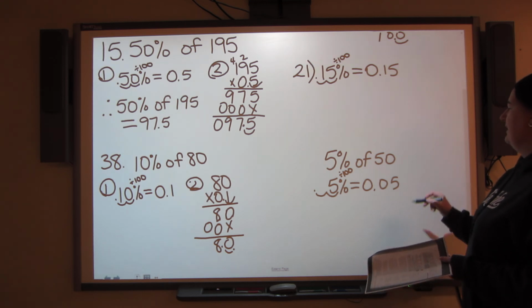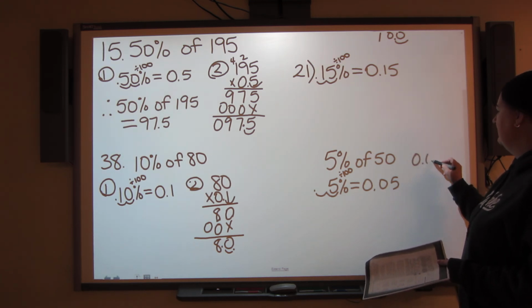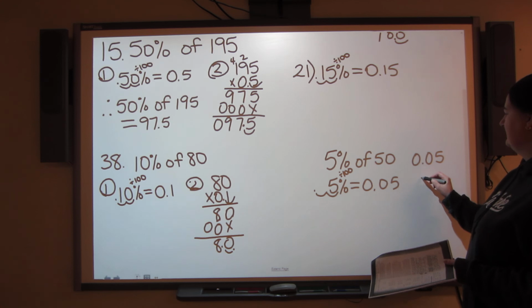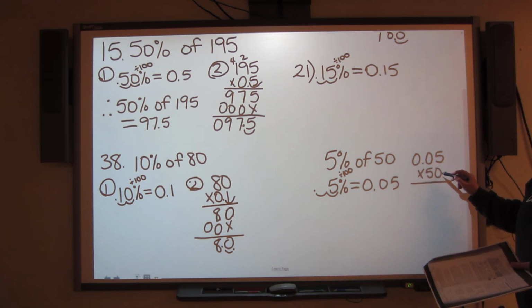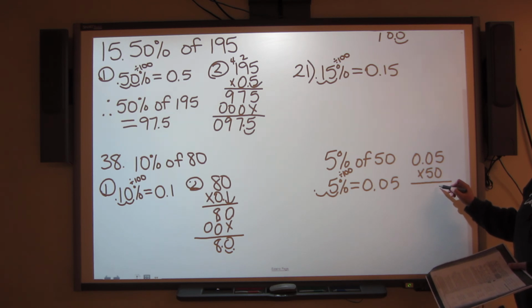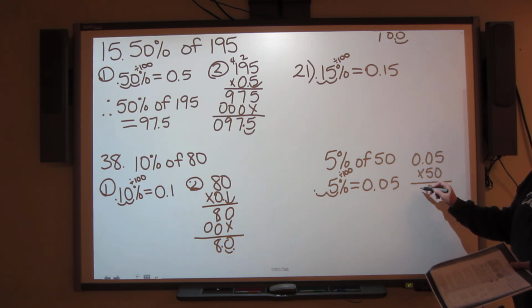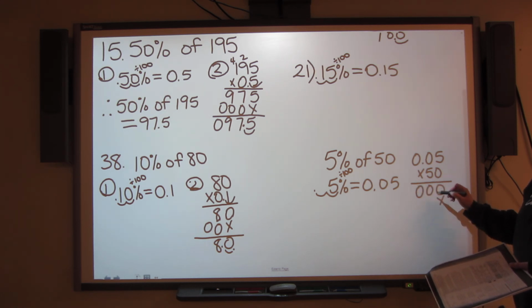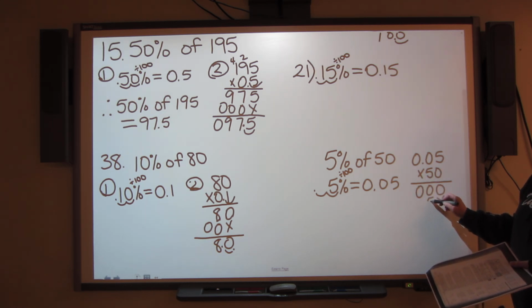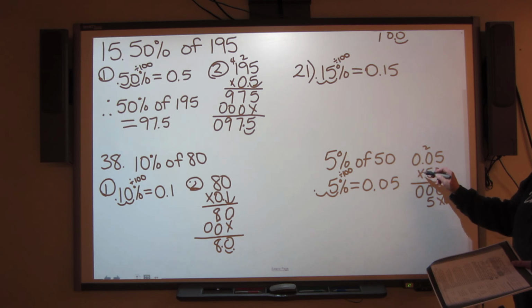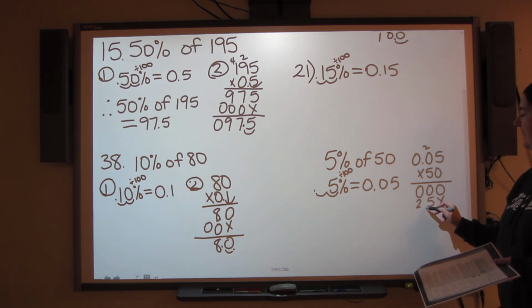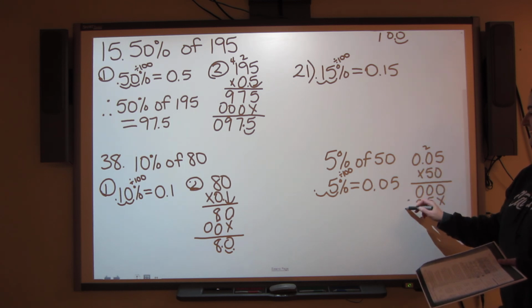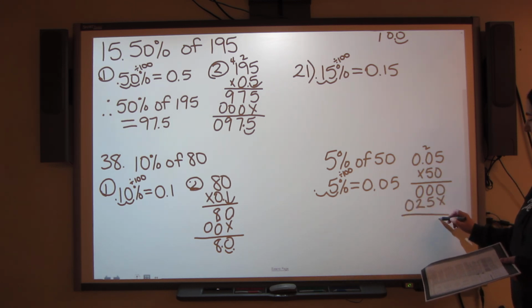Step 2, I take my 5/100, multiply it with 50. So 0 times 5 is 0. 0 times 0 is 0, and 0 times 0 is 0. 5 times 5 is 25. 5 times 0 is 0 plus the 2 that I carried, and then 5 times 0 is 0.